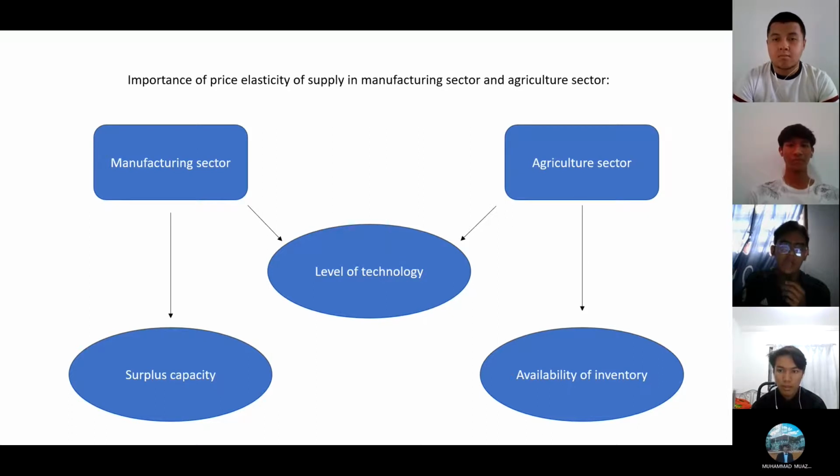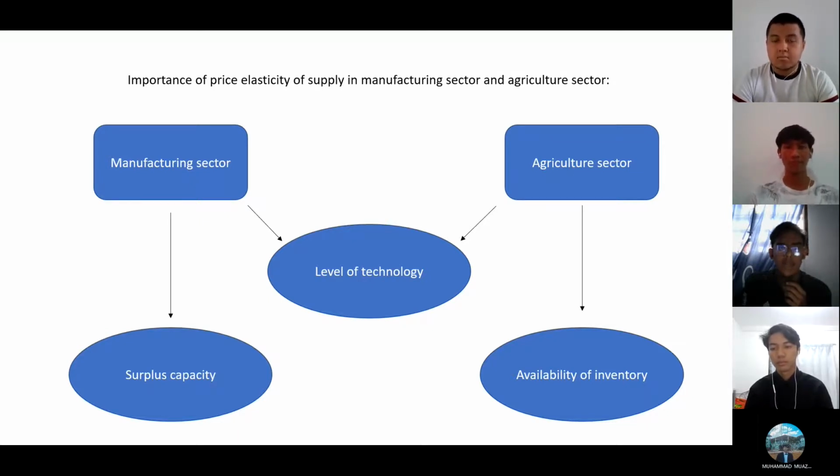I think the importance of price elasticity is related to the factors influencing price elasticity of supply. Firstly, level of technology. This is related to the manufacturing and agricultural sector. When the technology is decreasing, the more price elastic the quantity supplied will be.